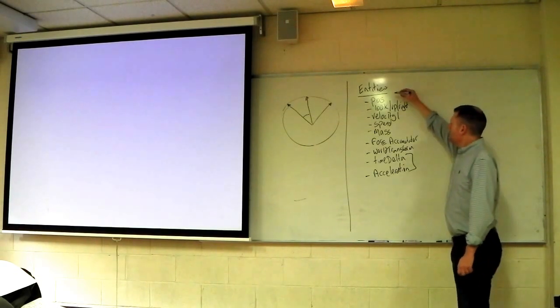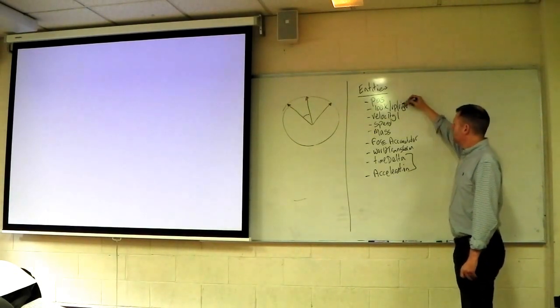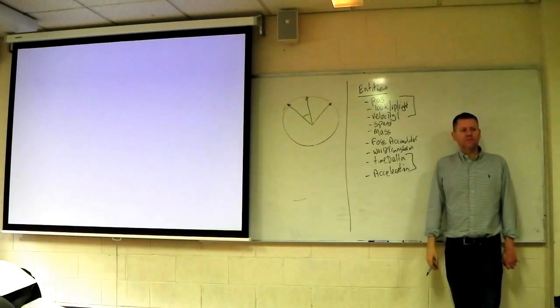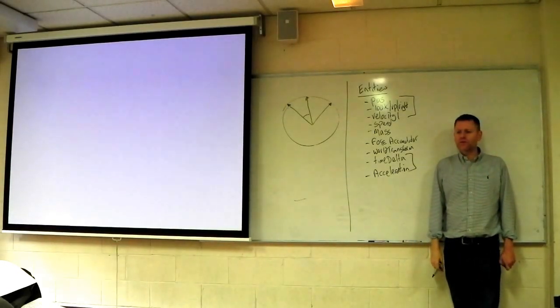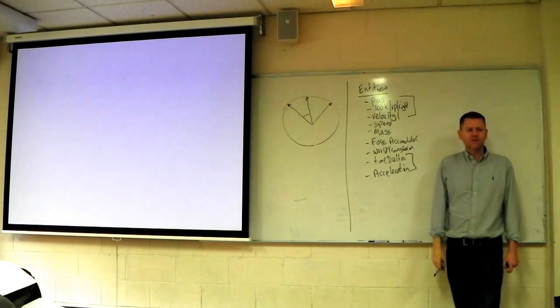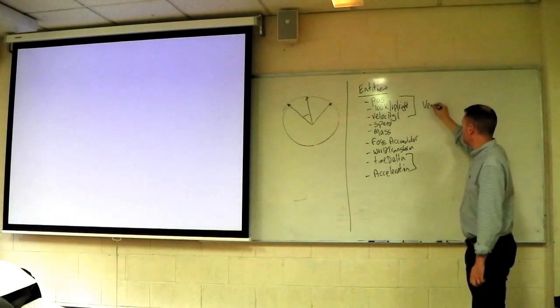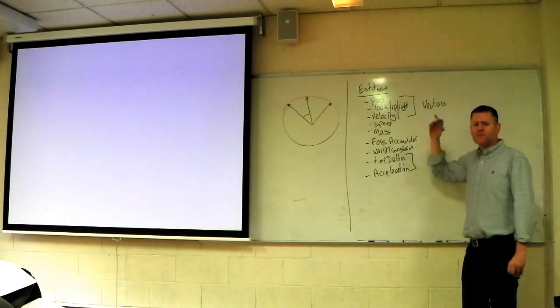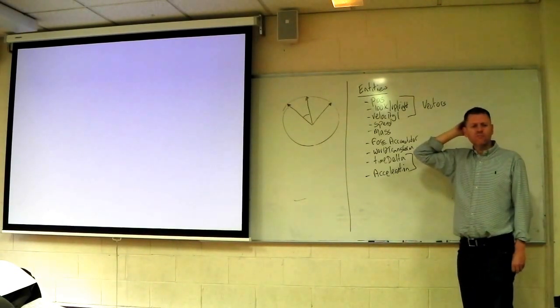Now, position, look, velocity. What's their format? Are they scalars, vectors, quaternions, matrices? They are vectors. The unit of measurement for position is what?